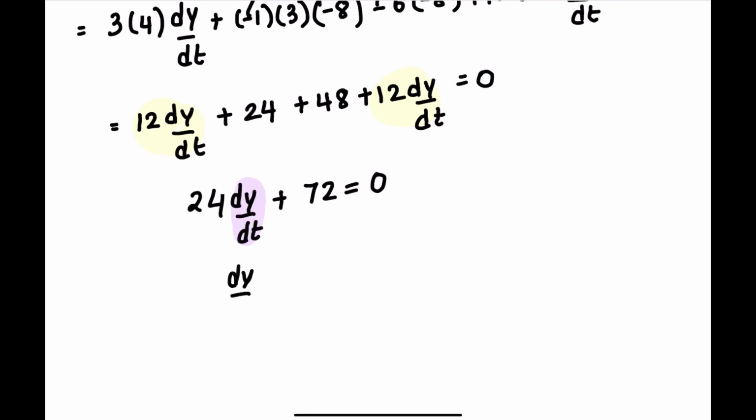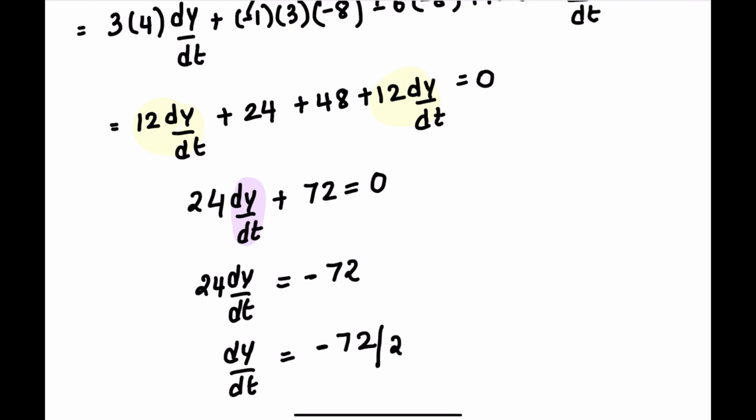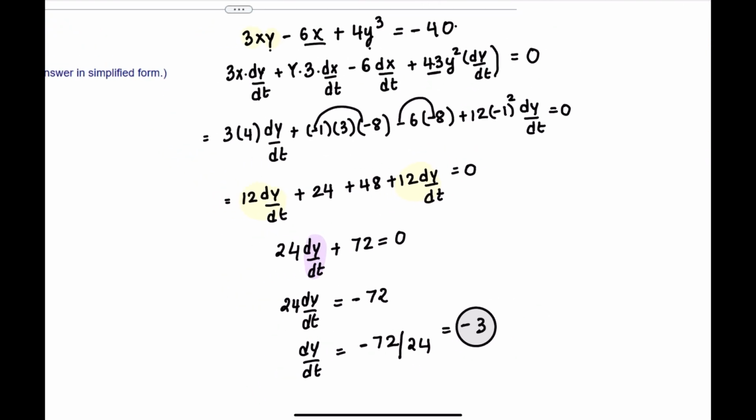So 24 dy by dt is equal to negative 72. dy by dt is negative 72 over 24, which is negative 3, and that is your final answer. But the clue here is make sure you write down your dy by dt, dx by dt, dx by dt, and dy by dt, because you're differentiating with respect to t.